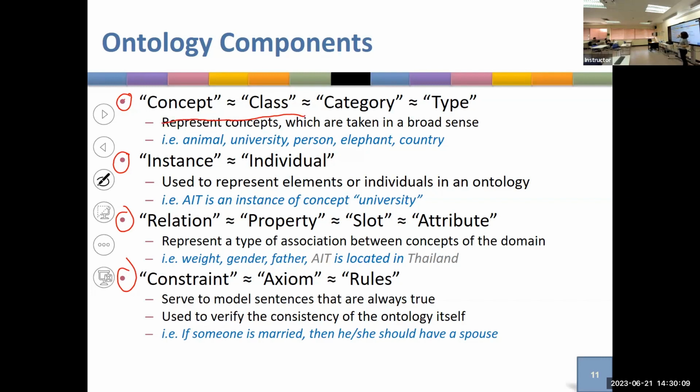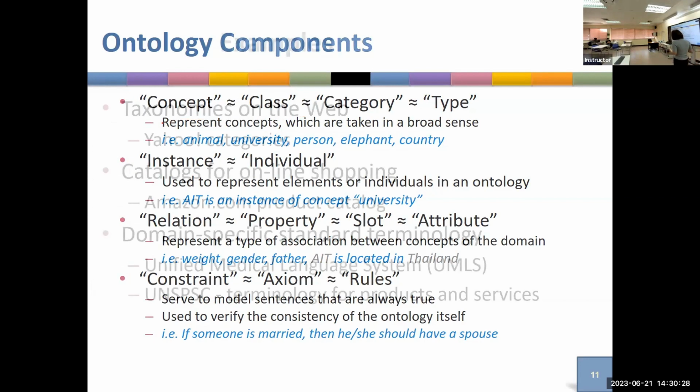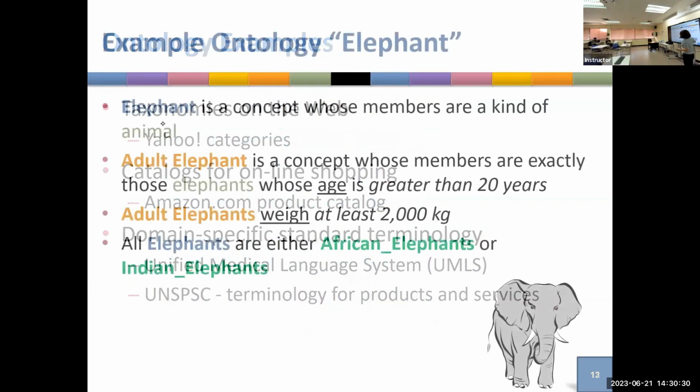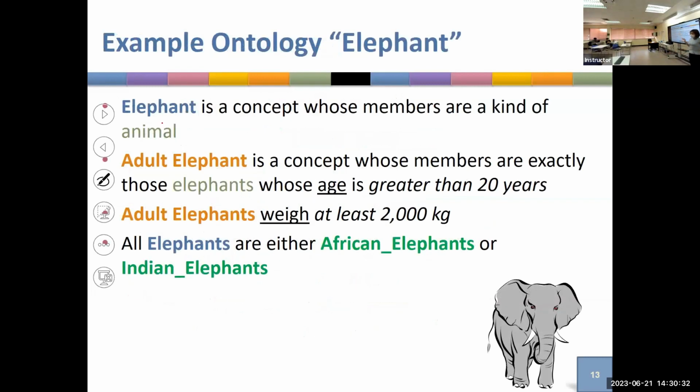But if it is an instance, then we are talking about an individual elephant. Maybe you have one at home. Suppose it is a pet. Raise one at home, that is an instance. But if we talk about the general concept of elephant, that looks like this, having big ears, having a long nose, and a very big animal, a mammal, right?